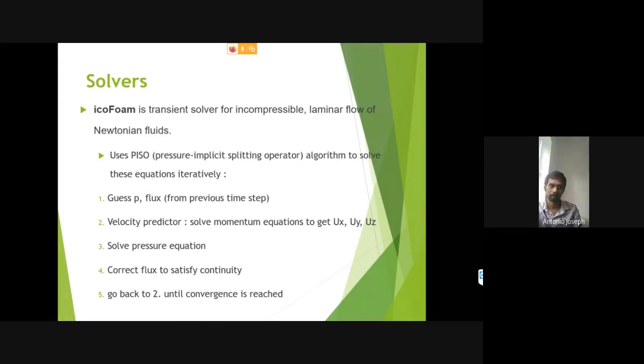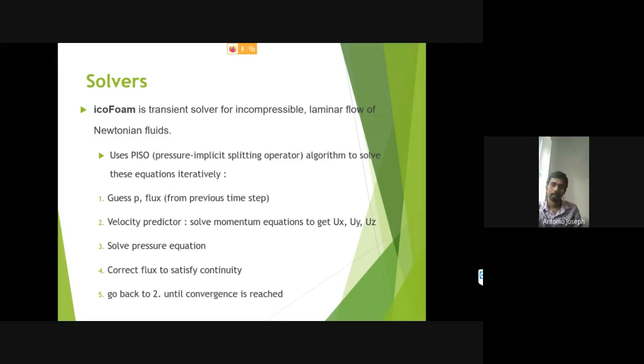Then, using that velocity predictor, it solves the momentum equation to get the velocities in the x, y, and z directions. Initially we used the pressure as a guess, so the remaining variable is velocity, and the velocities are being solved now.